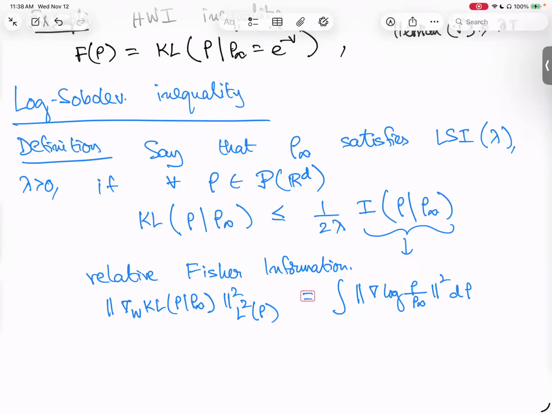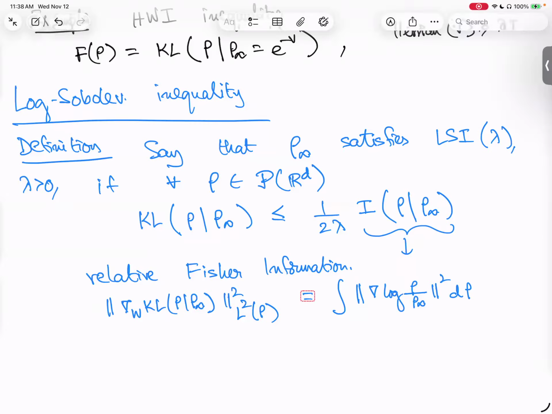So log Sobolev inequality is a property of rho infinity. Some probability measure rho infinity satisfies a logarithmic Sobolev inequality with a constant lambda if for any other probability measure, I can bound the relative entropy of rho from rho infinity by 1 over 2 lambda times the relative Fisher information. So relative Fisher information dominates the relative entropy.